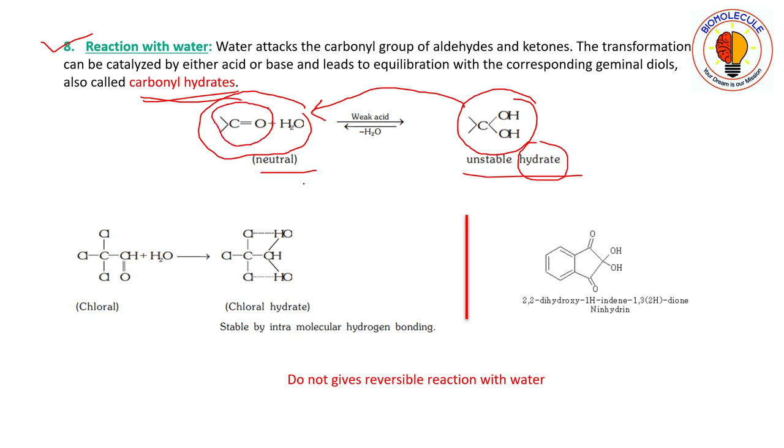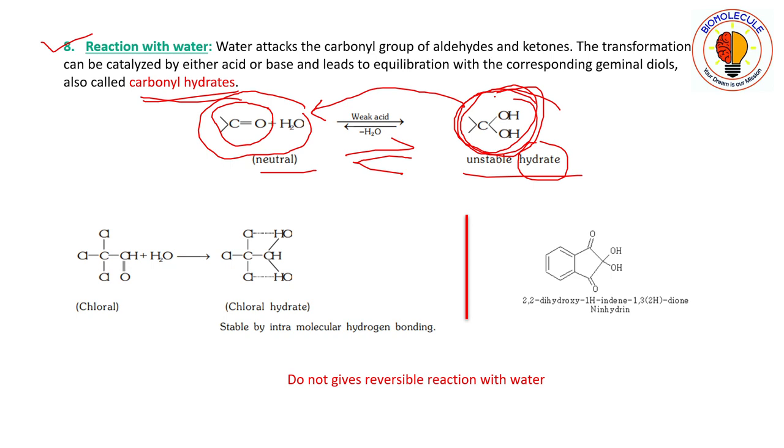Okay, so now what is most interesting is that few carbonyl groups are there which do not give a reversible reaction with water. That is, the equilibrium does not remain with the hydrate. For those carbonyl groups, this unstable hydrate molecule is actually rather stable.